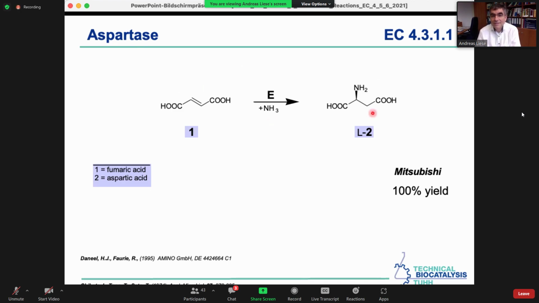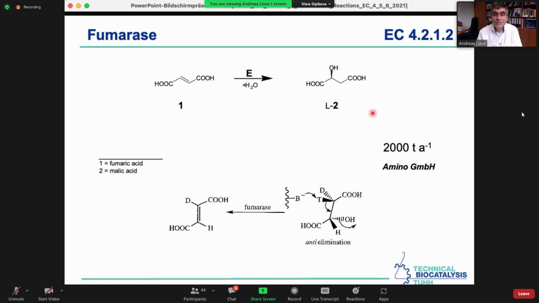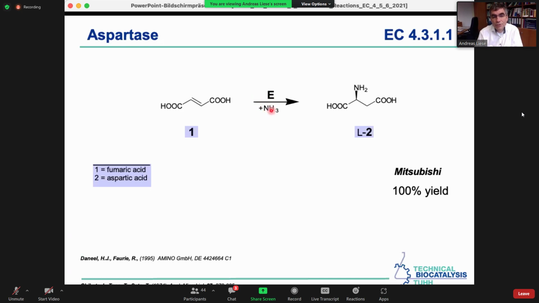And the nice thing is that in both cases we can yield up to 100% yield, because the water molecule or the amino molecule is totally, with all atoms, added to the starting material to generate this product. Both processes are scaled. The first one, the example, was from Amino GmbH in Germany. This is the aspartase, an example from Japan. Mitsubishi is running it, for example, there, but there are many more out there.